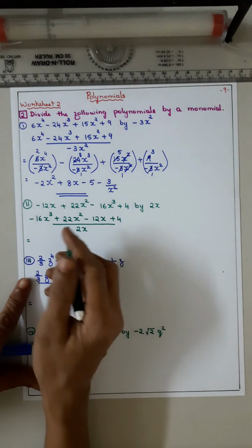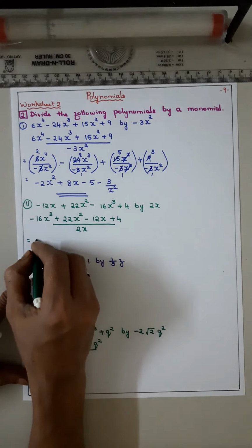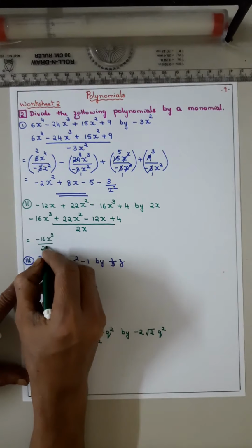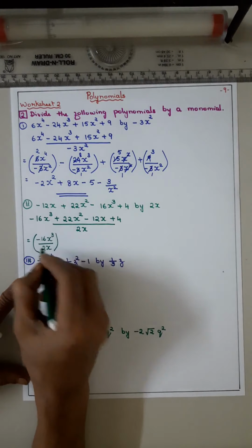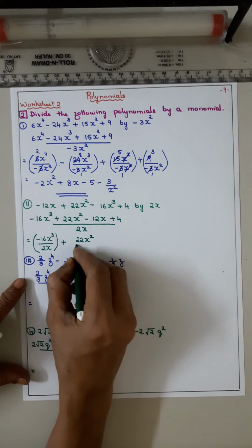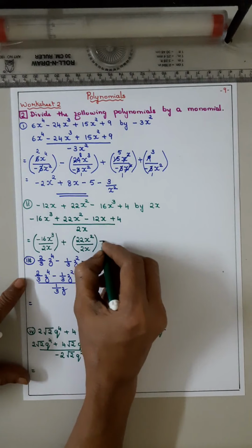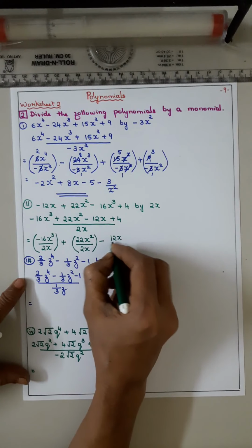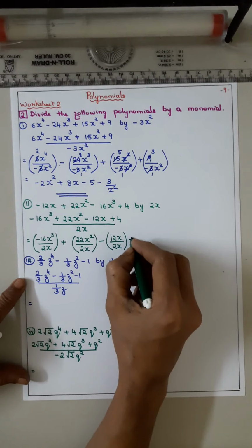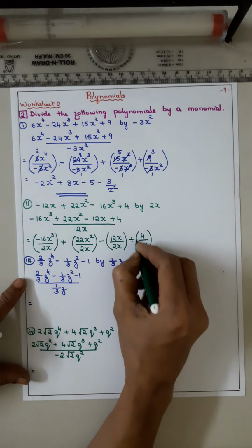Now individually we'll write minus 16x cube upon 2x, plus 22x squared upon 2x, minus 12x upon 2x, plus 4 upon 2x.